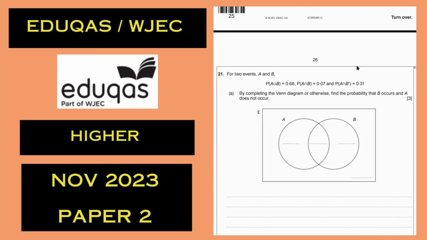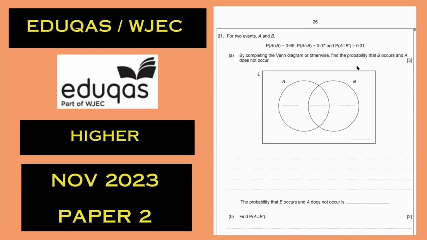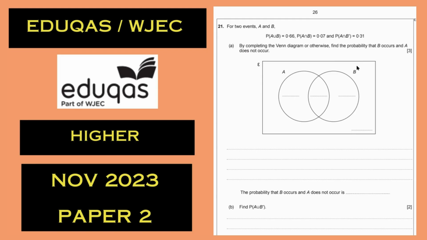Number 21. A wordy Venn diagram, but as always, one line at a time. For me, the most important phrase is the middle. The intersection of A and B is 0.07. We can now get rid. The left-hand bit next.